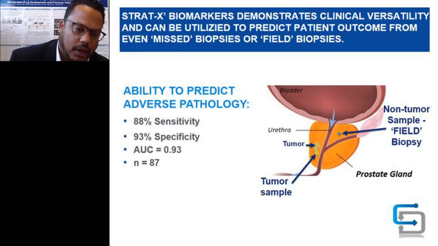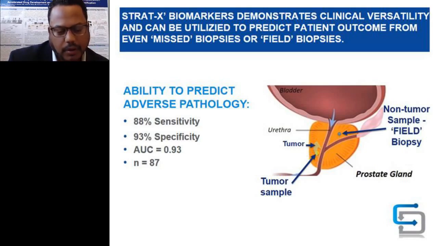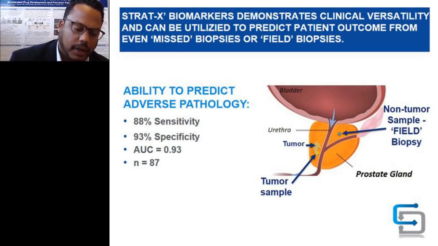And so, of course, in the state-of-the-art, this is termed the field effect, or around the tumor there is a region of tissue that, while might not look like tumor from a histopathology standpoint, there are molecular changes that occur in that tissue that define it as abnormal, essentially.